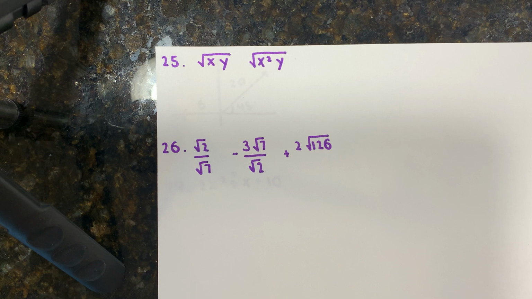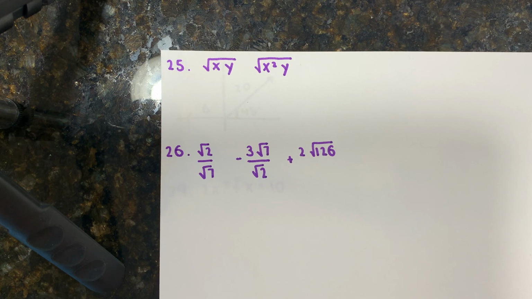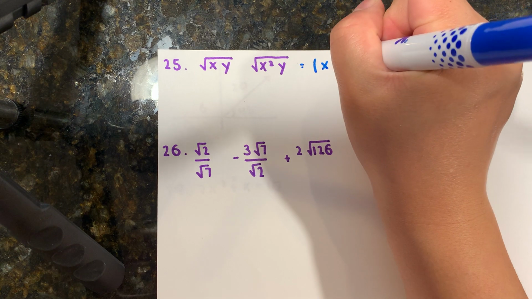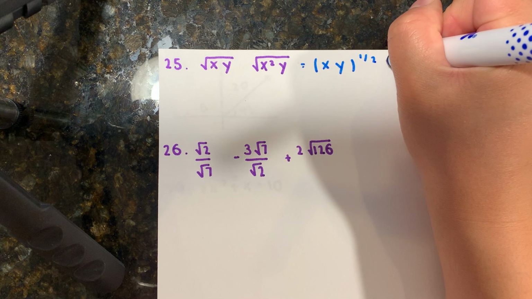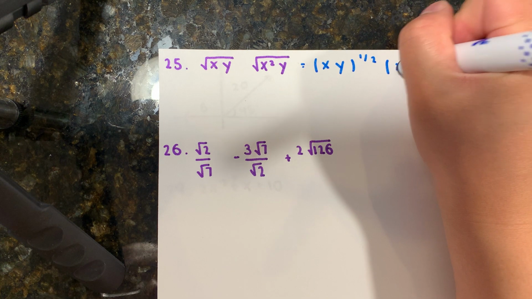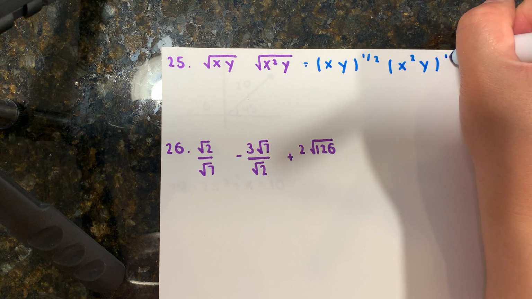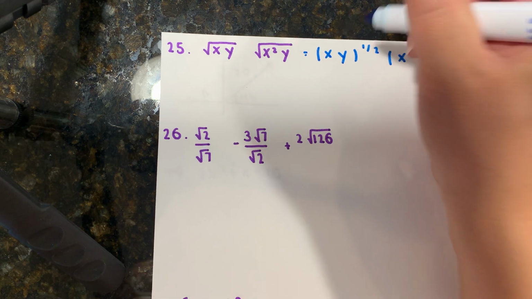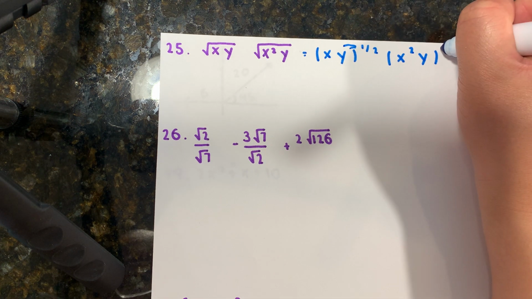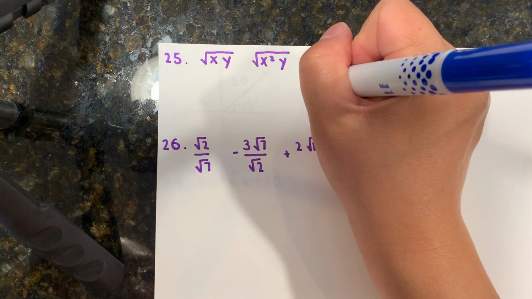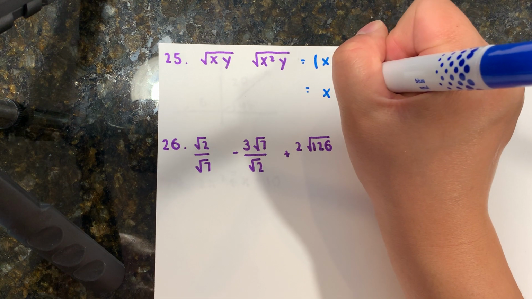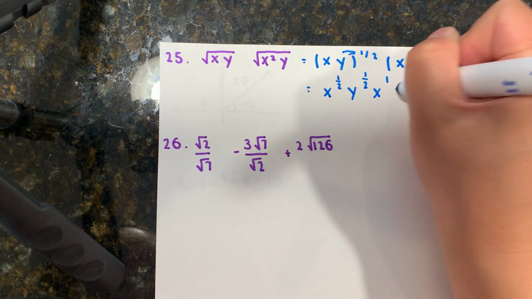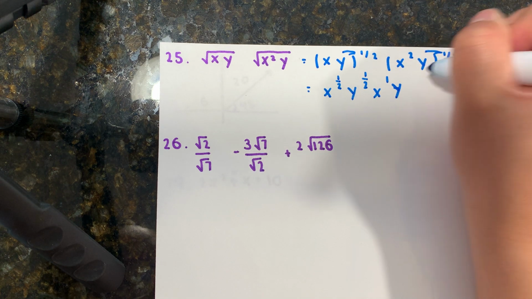Now looking at number 25, I'm just going to start by changing this into exponential form. So this would be xy to the power of 1/2, and then x squared y to the power of 1/2, because there are no values on the outside of those square roots. You're going to distribute that. So I'm going to have x to the 1/2, y to the 1/2, x to the 1, and y to the 1/2.